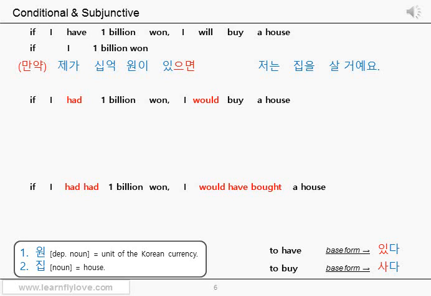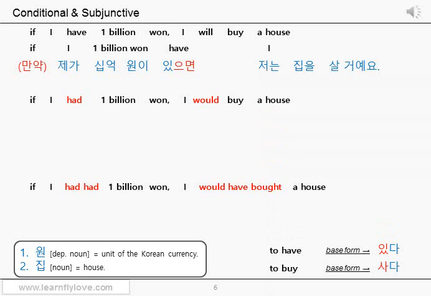This particle 이 is used because the predicate 있다, which is used with the connective ending 으면, is an adjective when it means to have. 있으면, as I told you, is the combination of the predicate 있다, which means to have, and the connective ending 으면, which actually turns the clause into a conditional. 있다 plus 으면. 있으면. 만약 제가 10억 원이 있으면.